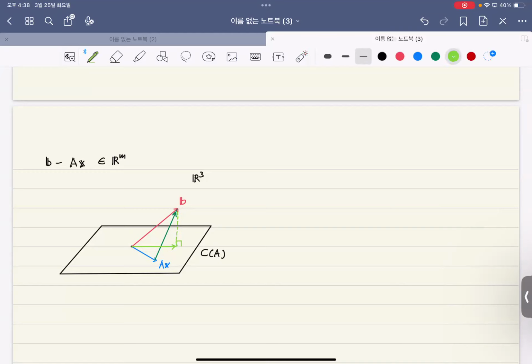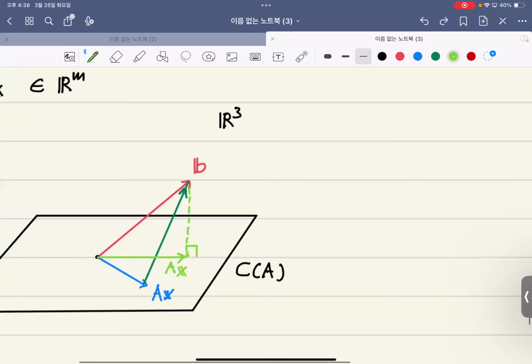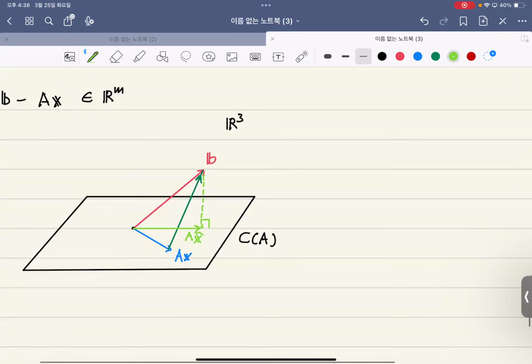So in other words, when my AX is pointing exactly at this point, then B minus AX is being minimized. Oh, great. I'm going to say this is my AX hat. My AX hat must be exactly at this point.